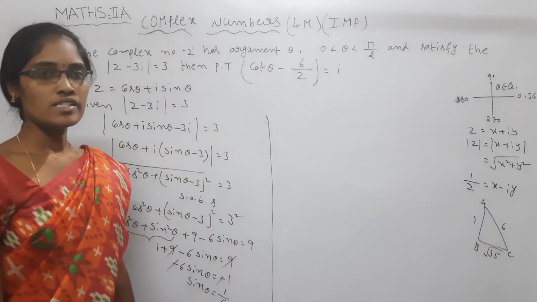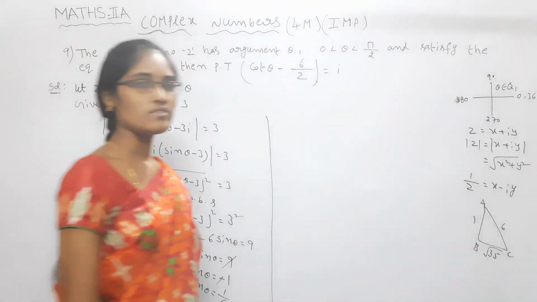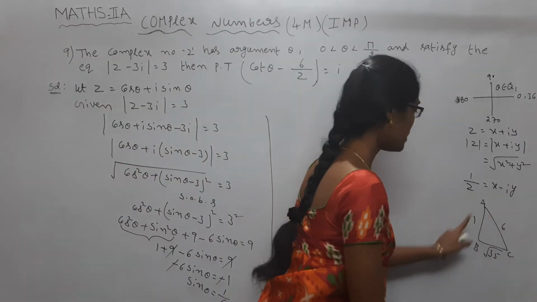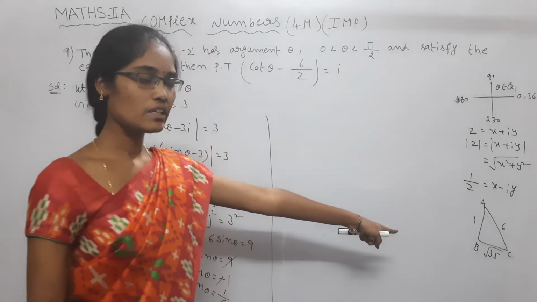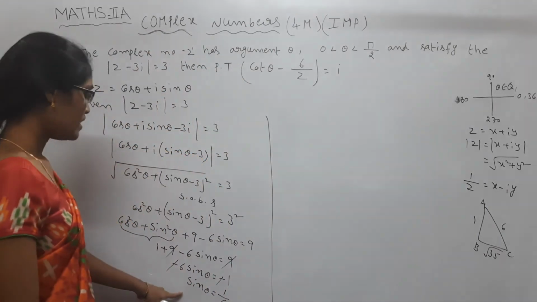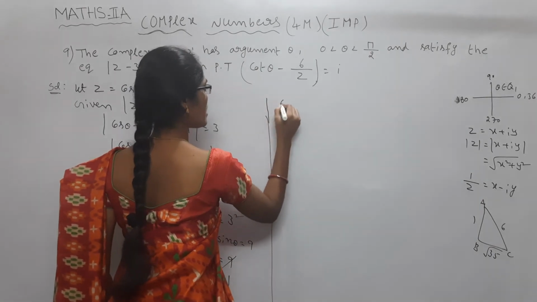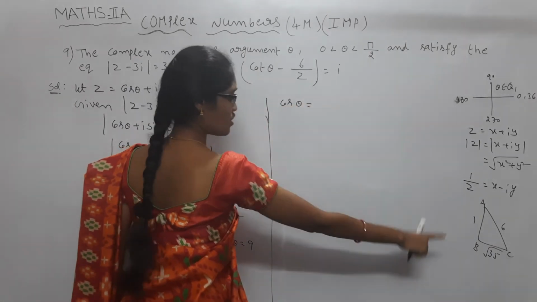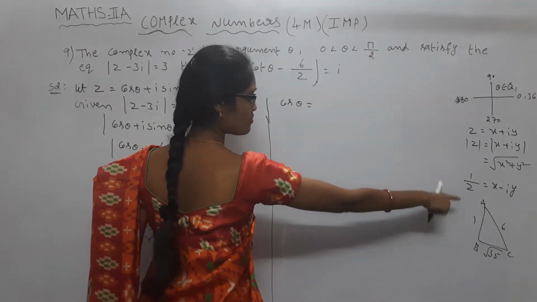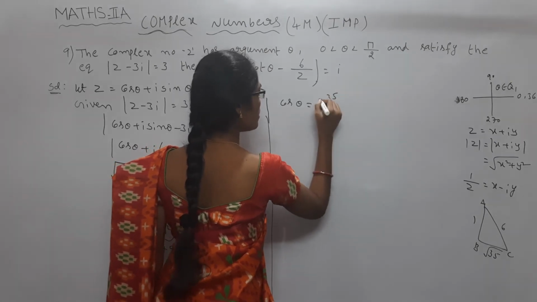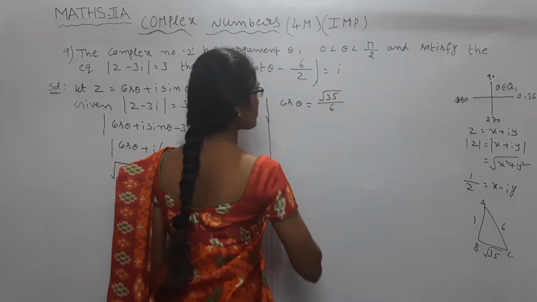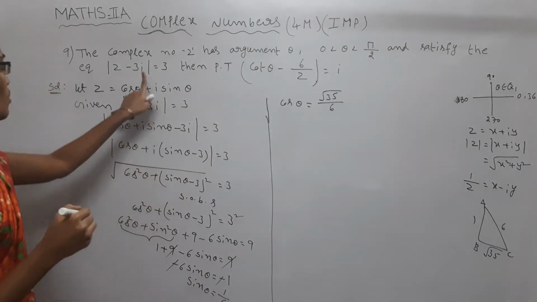AB square plus BC square equals AC square; according to that formula, the BC side is root 35. And from this, cos theta is adjacent by hypotenuse.